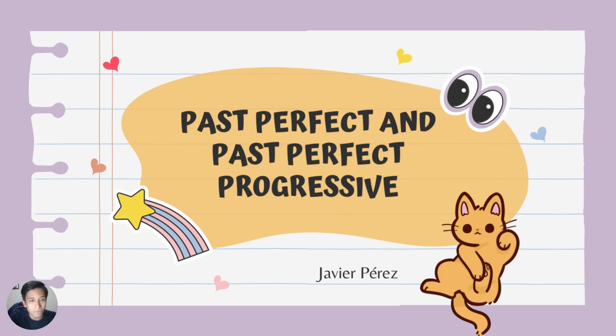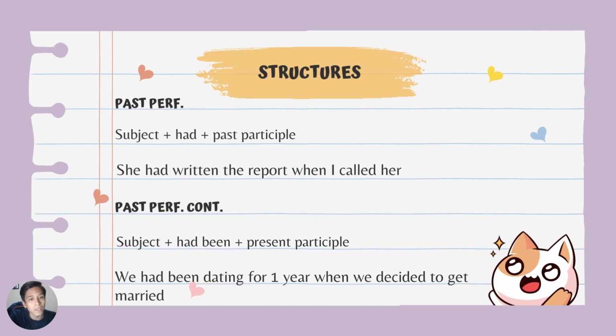So we are going to begin with the structure, beginning with the past perfect. Well, the past perfect is formed with the subject, obviously, then the past form of the verb have, which is had, and finally a past participle of a verb.